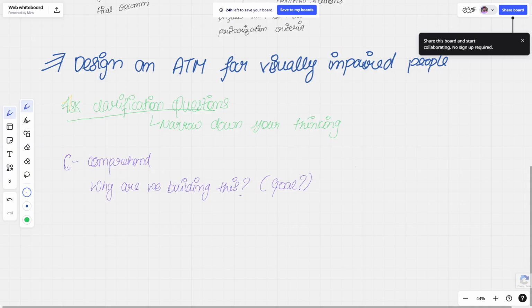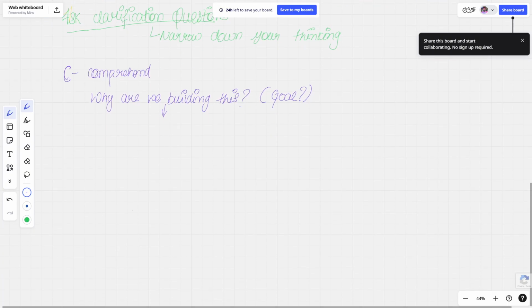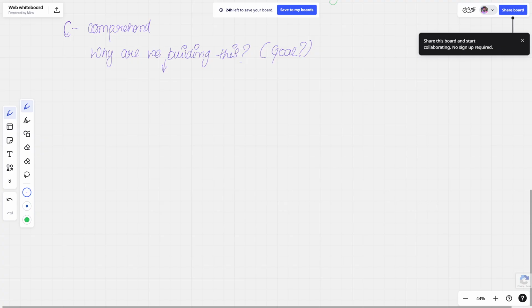Are we making a product for solving an underserved segment, or is there any other goal that we have to solve? This will be cleared by the interviewer.